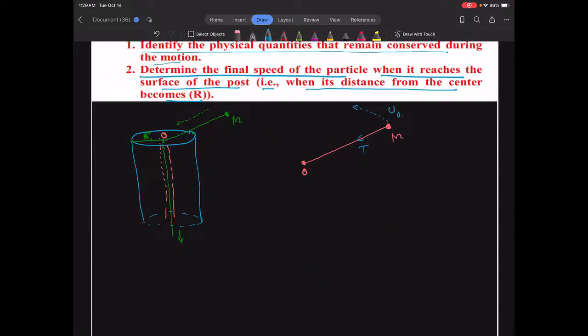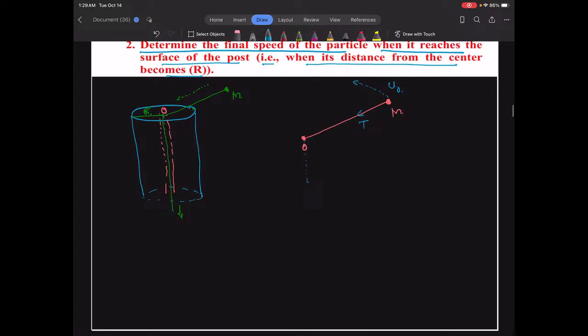So its velocity v0 is given to us. Okay, so it is rotating, as well as we are pulling the string downward through this hole, and the string is getting shortened. Okay. And at some point this string will be at a distance r from this O. That is our actual question which we are supposed to find out.